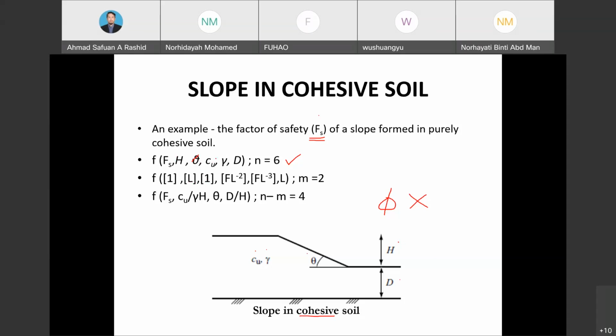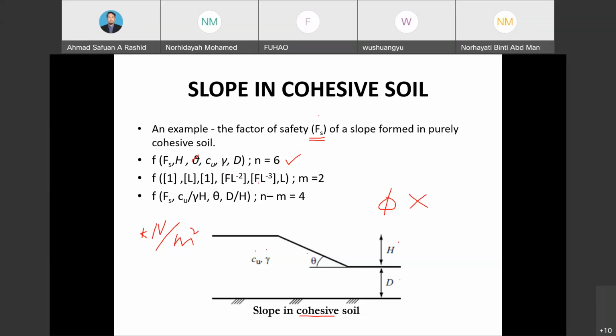While Cu is the undrained shear strength, so we use kilonewton over meter square. This kilonewton over meter square is considered as F times L to the power of -2.